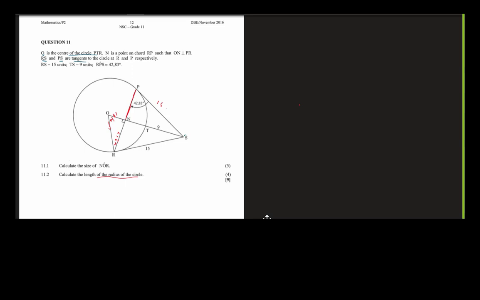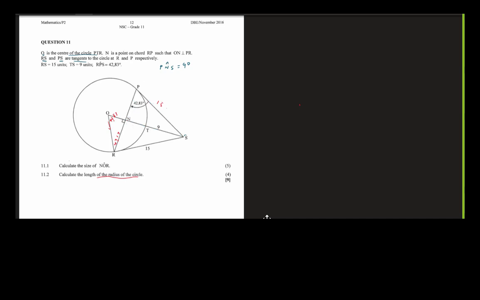So we use a trig ratio. Let's say this is our right angle triangle, because this angle is 90. You start by saying PNS is 90.